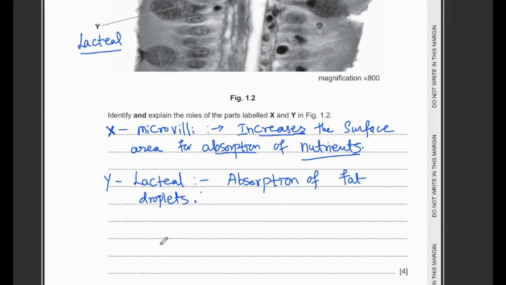So lacteals help in the absorption of fat droplets, whereas microvilli increases the surface area. Okay, you can write absorption, but there's one more function of lacteals, and what is that? They also help in absorption of products of fat digestion. Okay, that is also there. So we'll skip this part and we will just write absorption of fat droplets. Okay, that's what lacteals help in here.